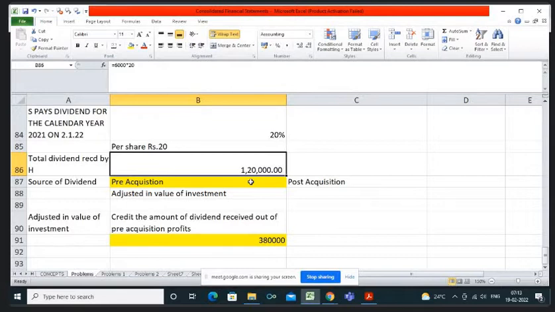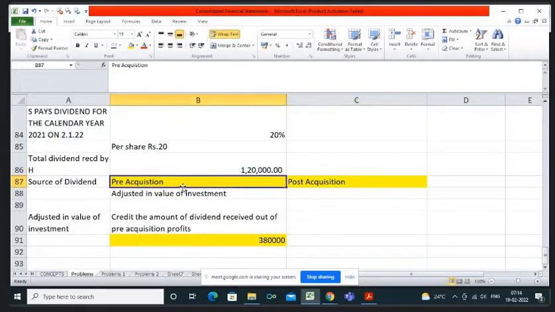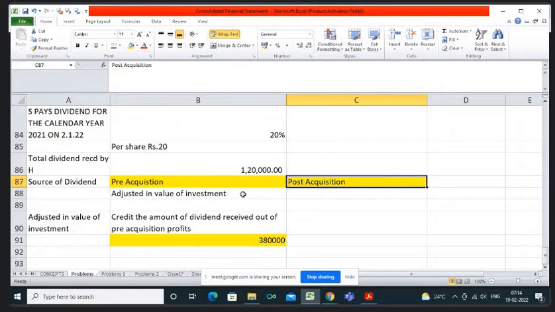Since no additional information is available, we have to split it based on time. So pre-acquisition period 6 months, post-acquisition period 6 months. So both are there.